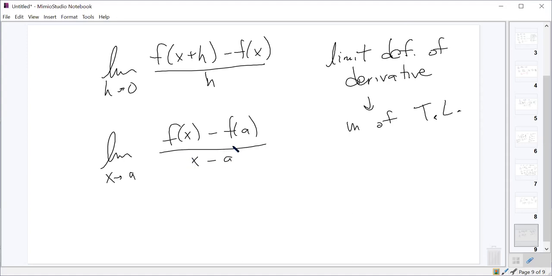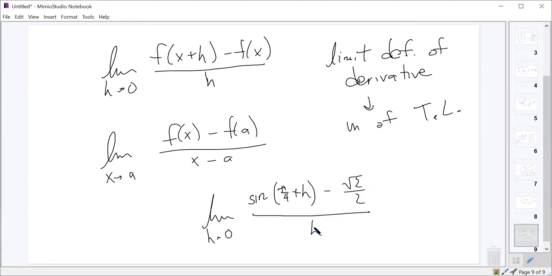And so sometimes in the multiple choice, they may give you some limit like the limit as h approaches 0 of, well, they won't say f of, they'll say, let's say, sine of pi over 4 plus h minus root 2 over 2, all over h.